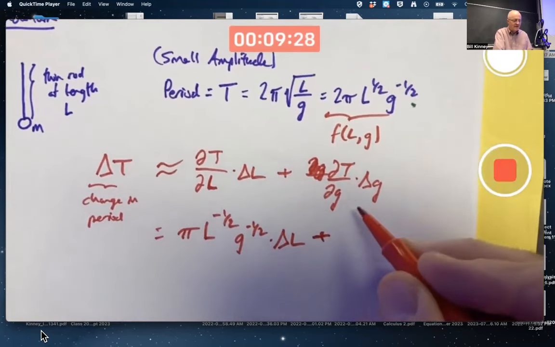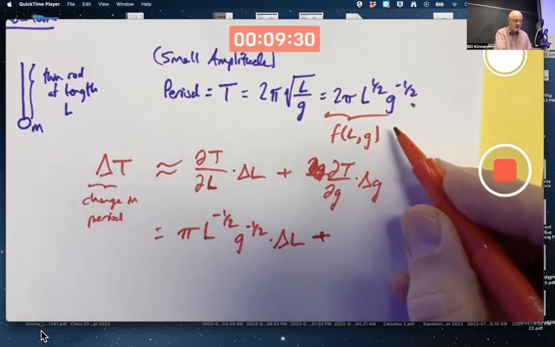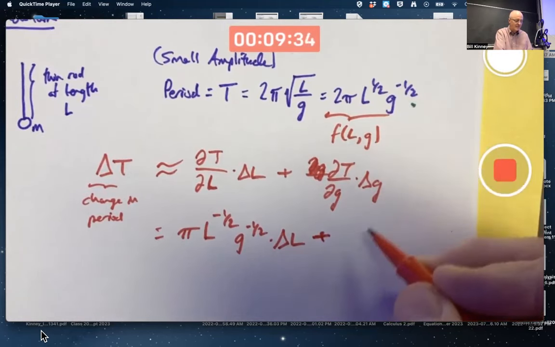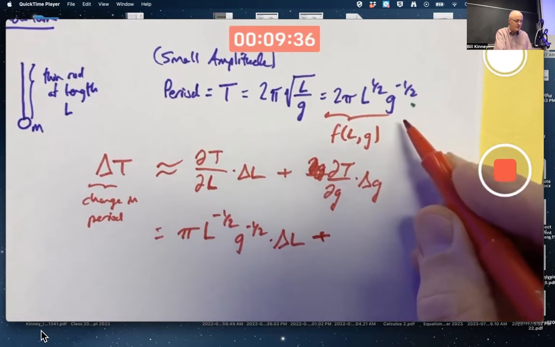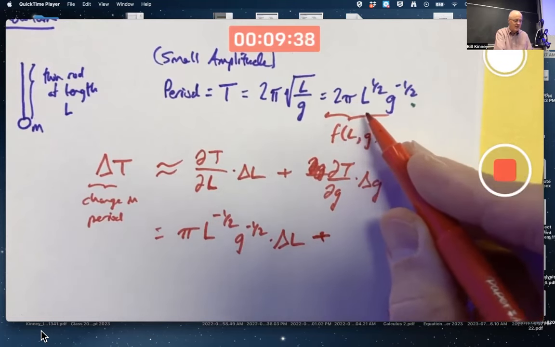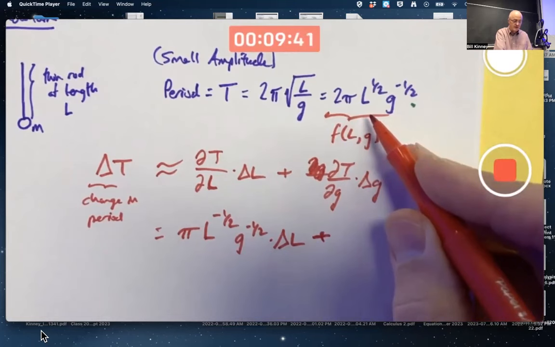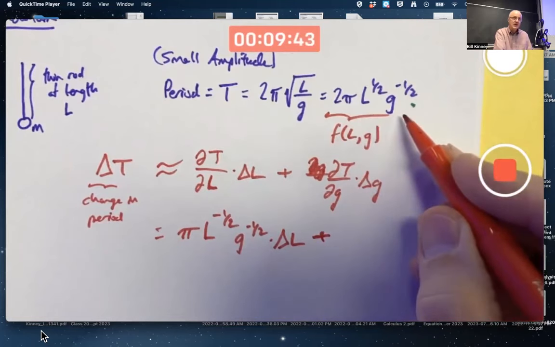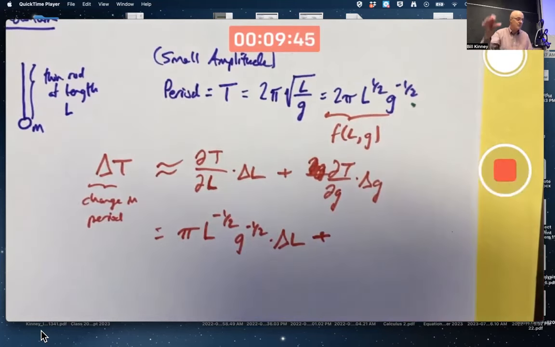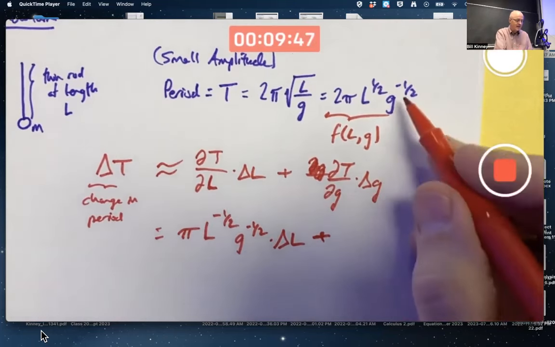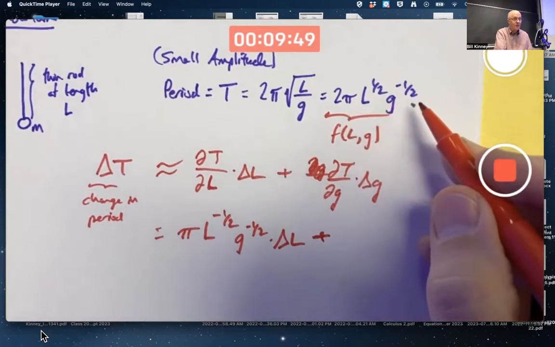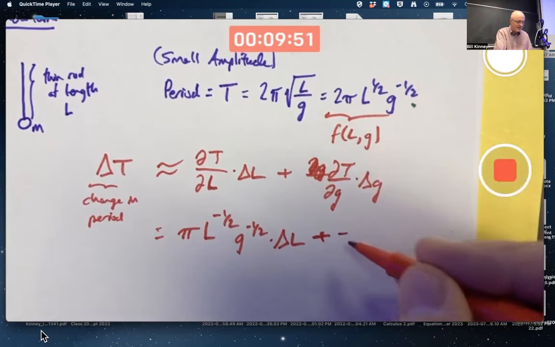Now I add the derivative of this with respect to G, treating the L as a constant, and multiply that times delta G. This 2 pi L to the 1/2 would be a constant that just stays there. Differentiate G to the negative 1/2. The negative 1/2 comes down in front. 2 times 1/2 cancels, right, to 1. The negative sign stays there, though.